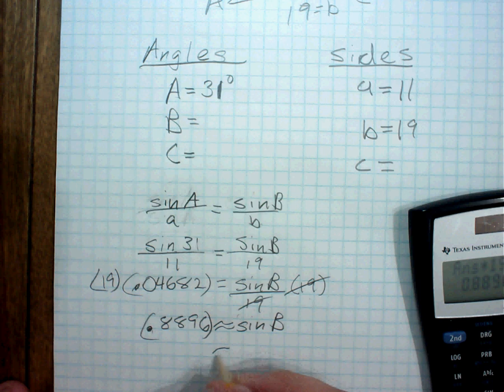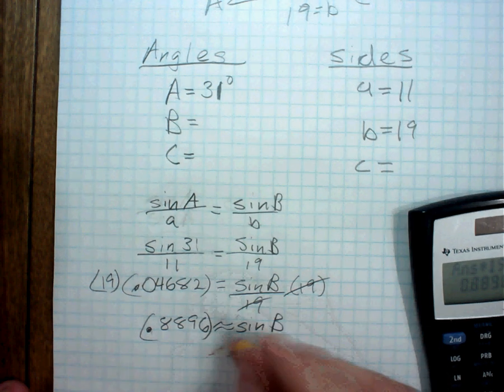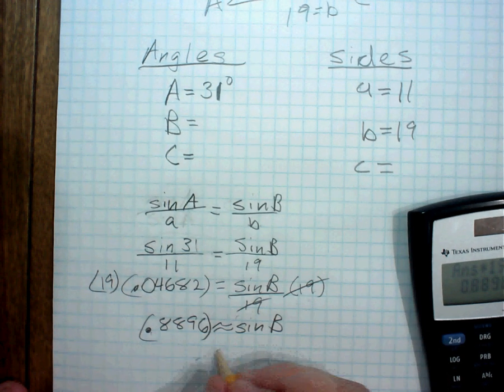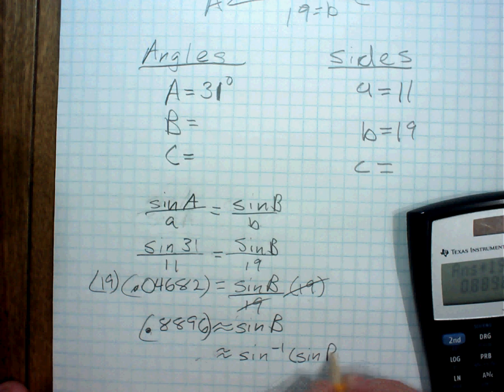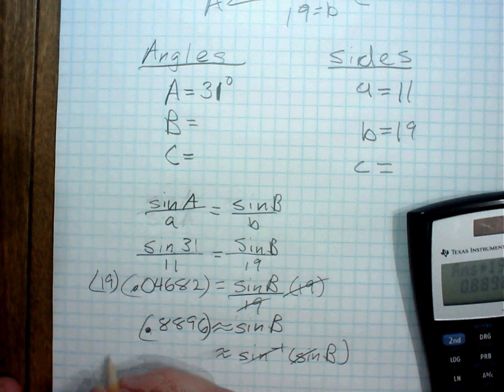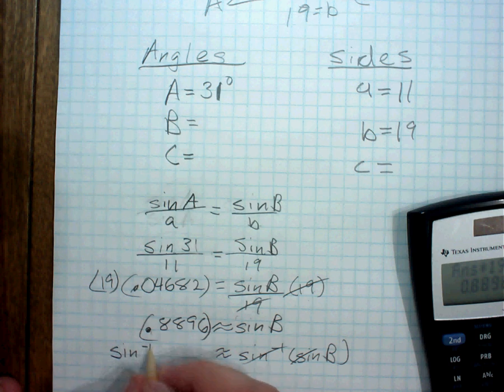Then in the next line, I'm going to take the arc sine, or the inverse of sine, of this side, because when I do that, it cancels the sines out. But remember, whatever I do on one side, I got to do on the other.